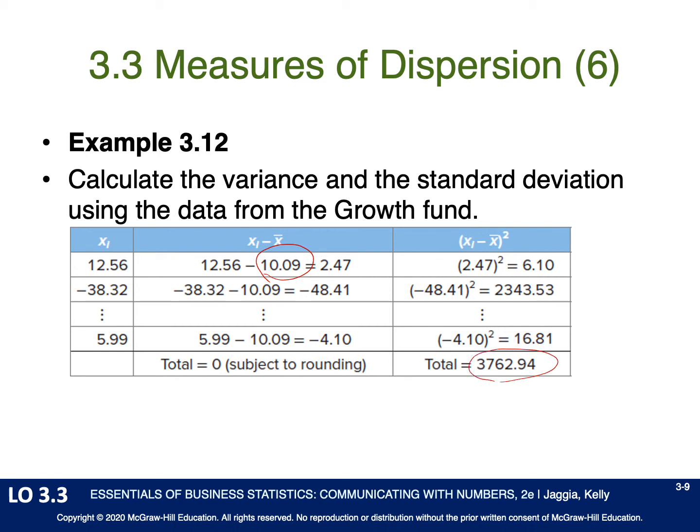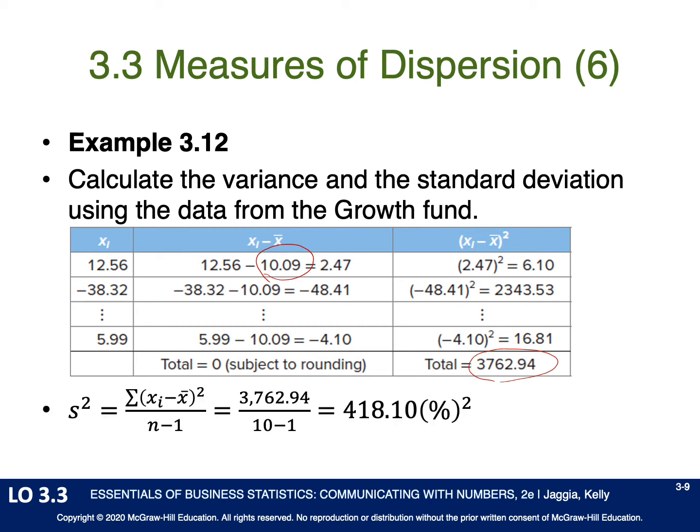This total becomes the numerator in our variance calculation. Now we take that numerator and divide it by the sample size minus 1. That gives us a variance of 418.10%. Now to calculate the standard deviation, we'll just take the square root of that 418 and we get 20.45%.